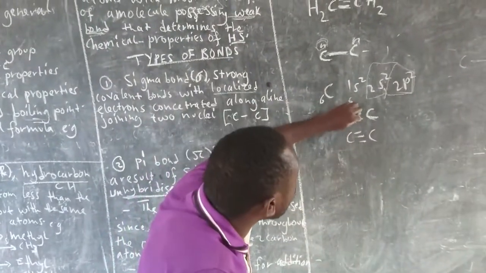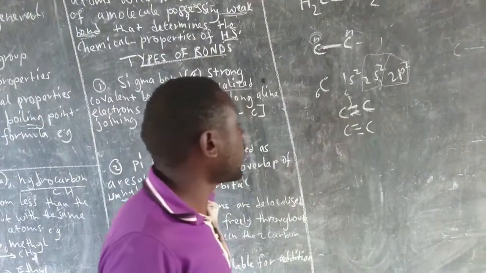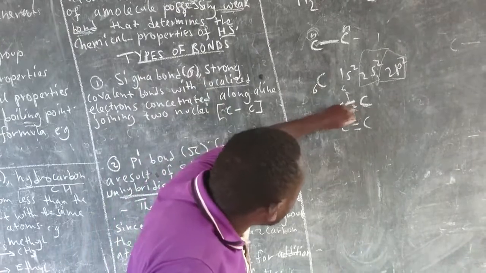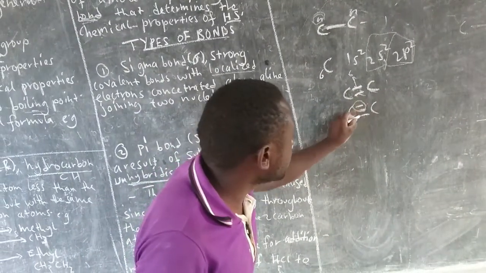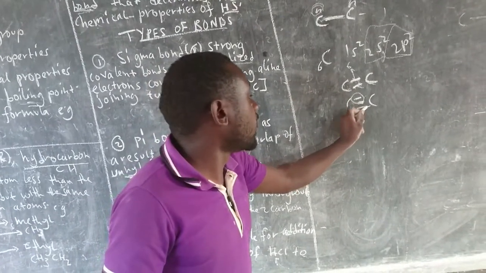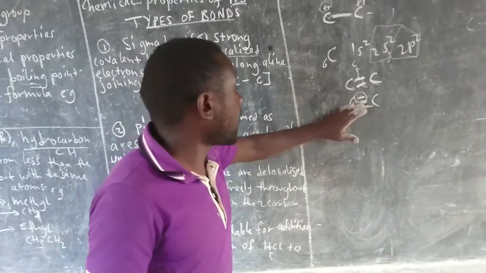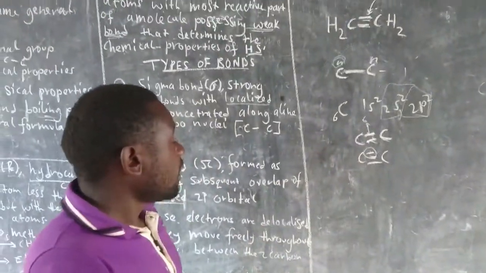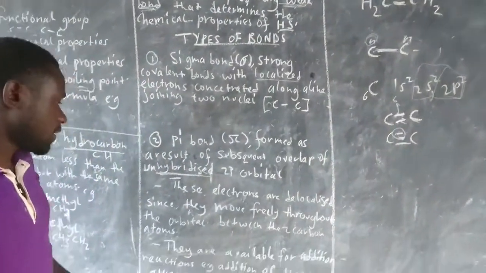Then this other one is free to move, by definition, so we call it a pi bond. If we consider triple bonds, after having the sigma bond which holds the carbons strongly by covalent bonding, the remaining two are pi bonds, because they are free to move, so they are delocalized.